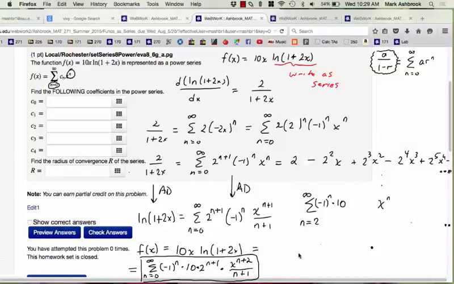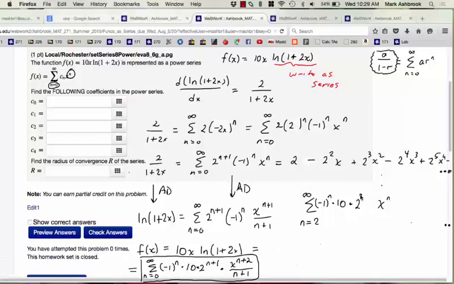Now, erase that. Okay, so our first term, n equals 0, gives us 2 to the first. So we need n equals 2 to give us 2 to the first. How do we do that? When n equals 2, that's when we get the x squared term, and that's when we should get 2 to the first.